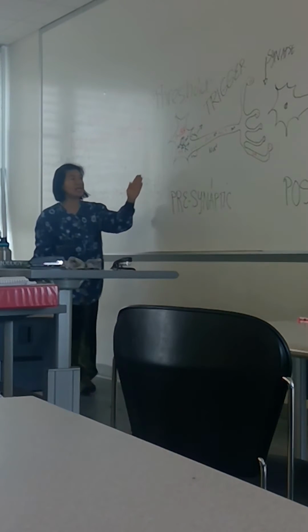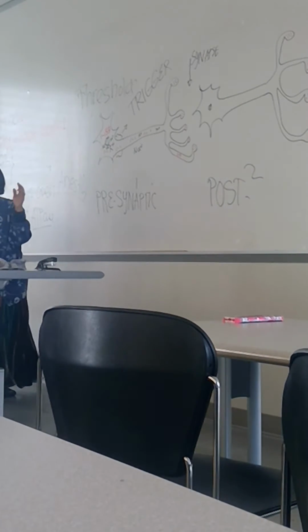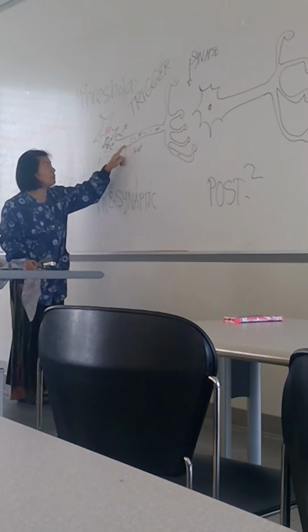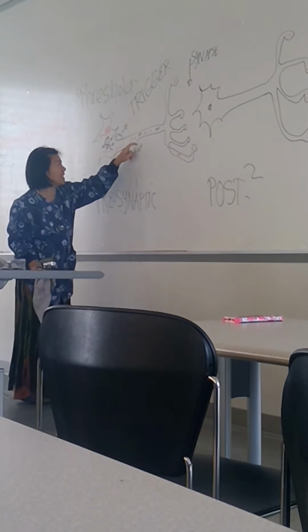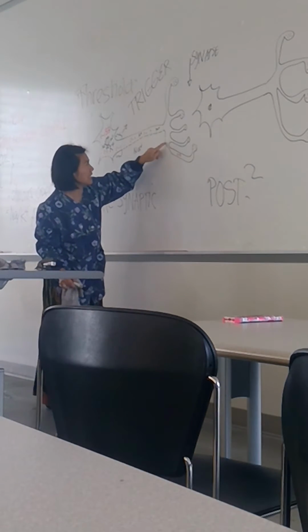Now, when we get to the axon, something very important about the axon: the axon does not require a stimulus to be opened. It is charge driven. They also have sodium-potassium gates. They will also have leakage. The leakage gates are all over. There are leakage gates here.